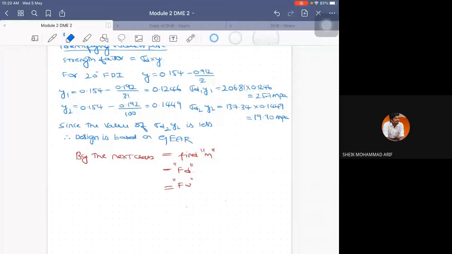So, have you found the module? Have you found the dynamic load and the wear load? Everyone? Yes. How much is the module for this particular thing?